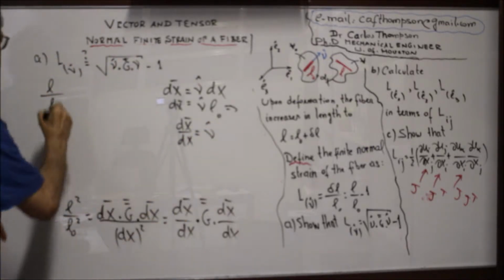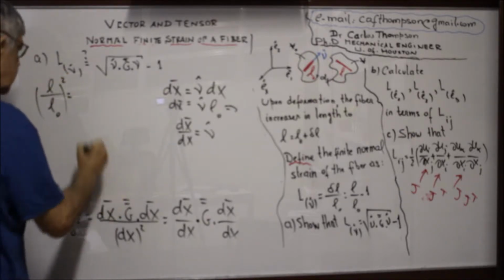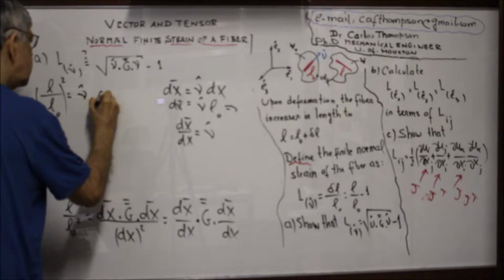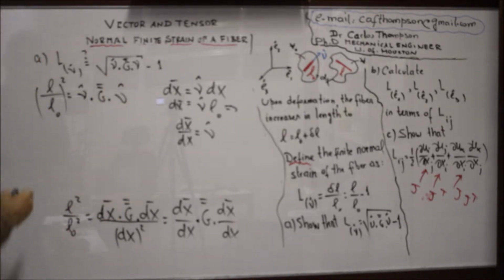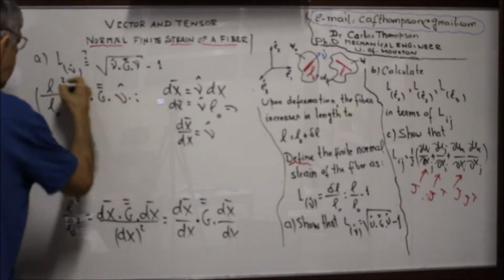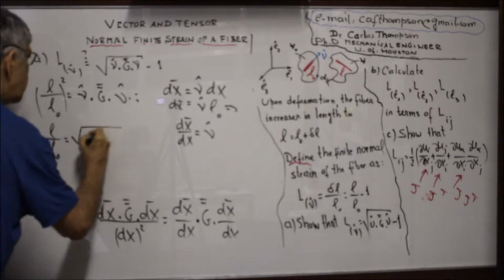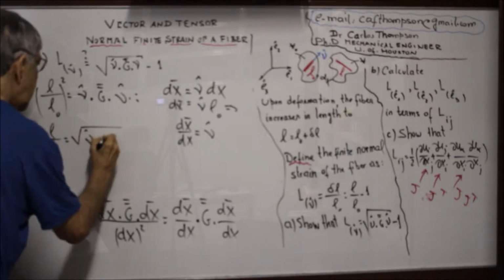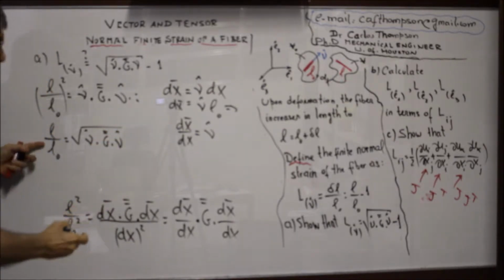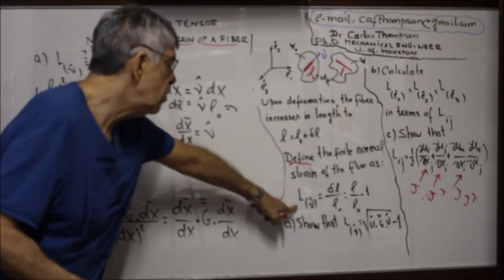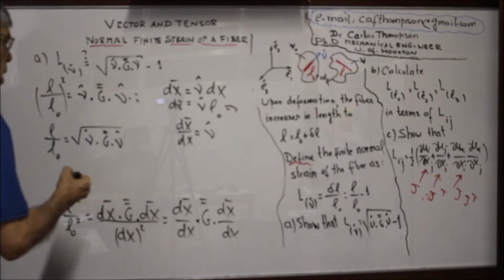So this is a unit vector squared. This is the unit vector dot G dot the unit vector. Now the stretch ratio L divided by L0 is the square root of nu times the second order tensor G times nu. Obviously, for the finite normal strain, you just subtract 1.